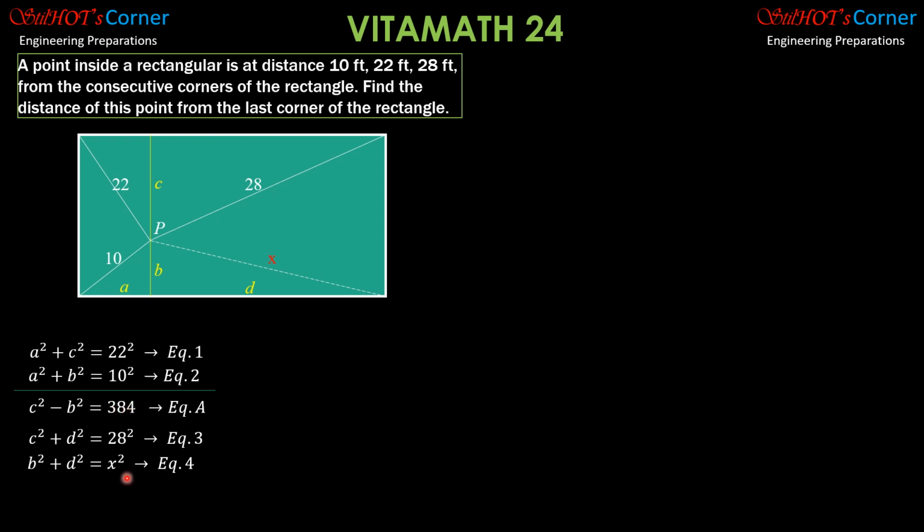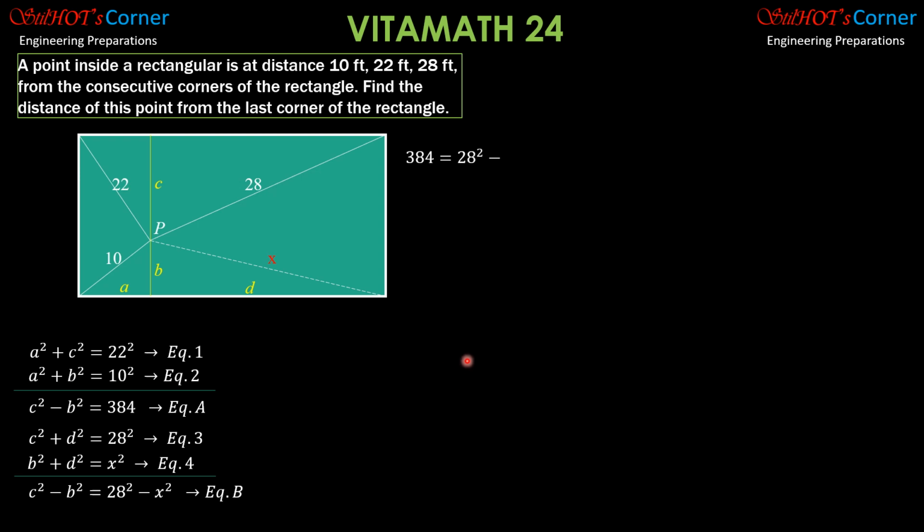So subtracting equation 4 from equation 3, we get c square minus b square equals 28 square minus x square. Replacing c square minus b square by 384 here, we can now solve for x.